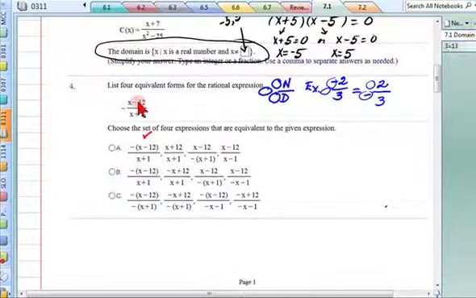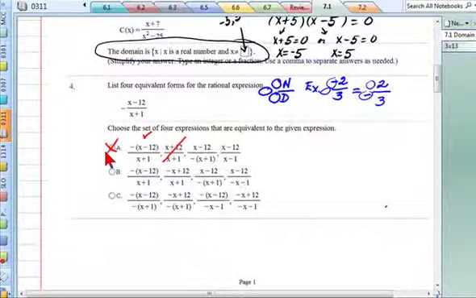No. X minus 12 and x plus 12 are not opposites. They changed a piece of it. They didn't change the entire numerator. So they didn't change the bottom. They changed the sign in front. We need one more sign change. Did they change the entire numerator? No, they changed part of the numerator. This is not equal to that. So what that tells me is choice A is not the right list.